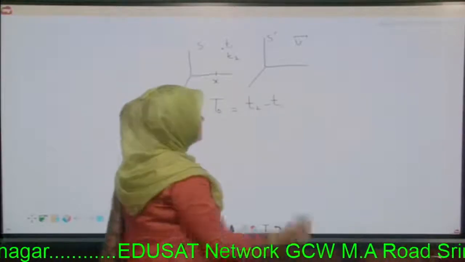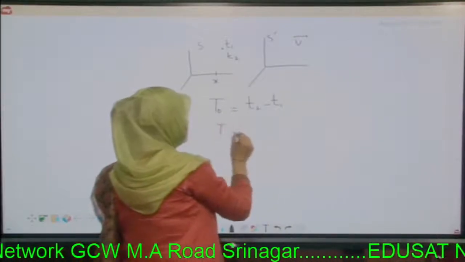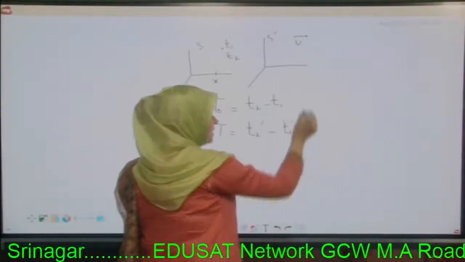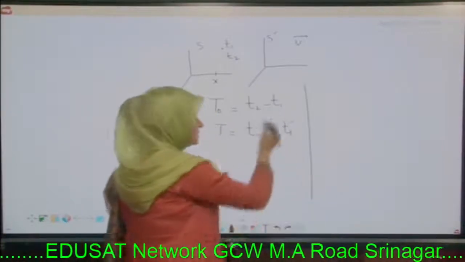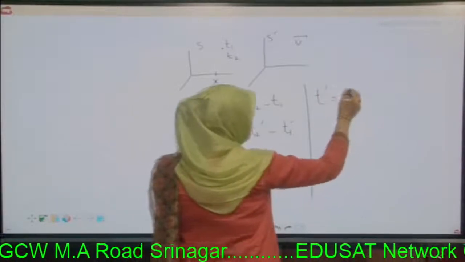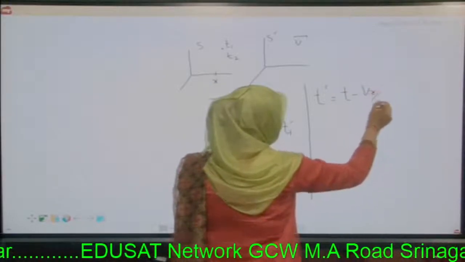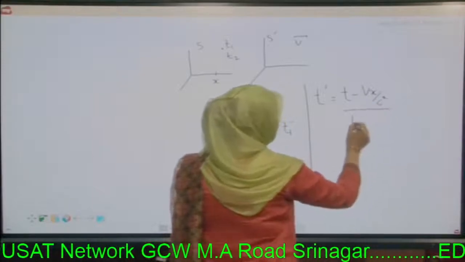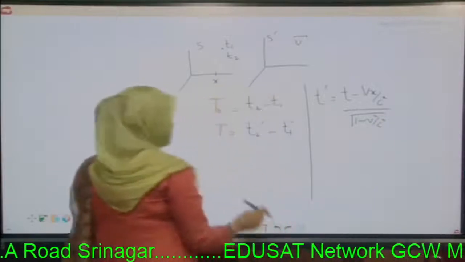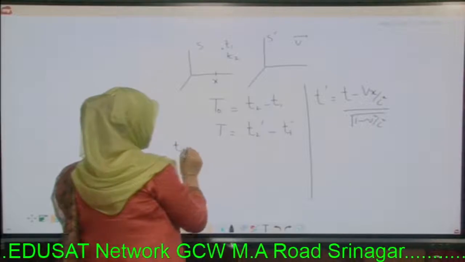But what about the perspective of S prime? For S prime, this time interval will be t2 dash minus t1 dash. And then we already have the Lorentz transformation equations to connect these two coordinates. So t prime is t minus vx by c square, divided by square root of 1 minus v square by c square. Now once I do that, what do I get?